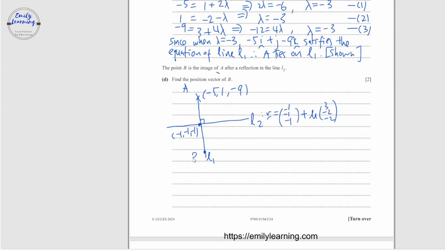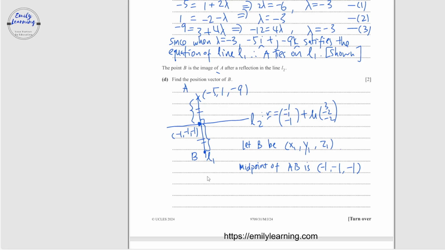So this is B, and they are asking for the position vector of B. So let B be (x1, y1, z1). Then I know that the midpoint of AB is (-1, -1, -1), because if B is a reflection of A about L2, then this distance and this distance must be the same, so the midpoint is at this point of intersection.